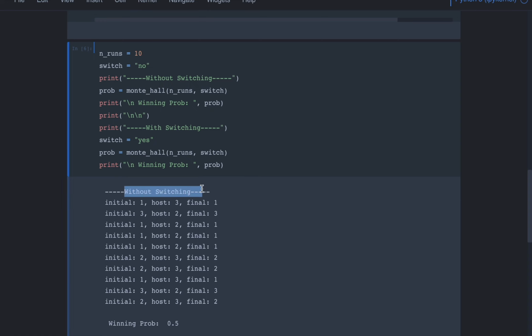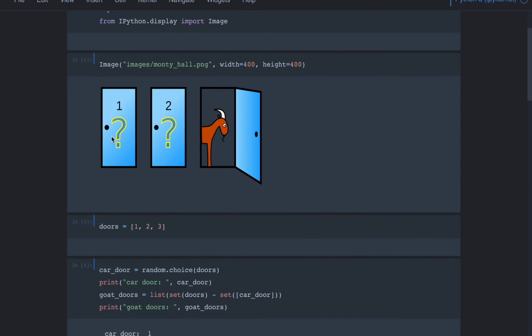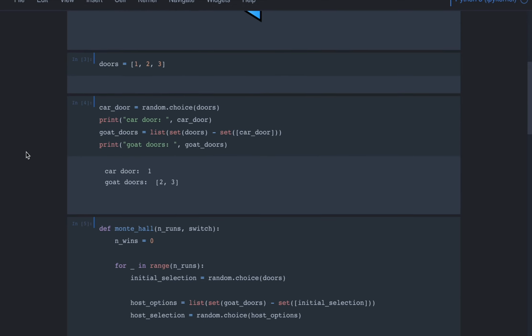So you are sticking to your initial guess. Initially, let's say you have picked door number 1. Because door number 1 has a car, the host will either open door number 2 or 3 and then say, hey, do you want to pick the remaining one, right?